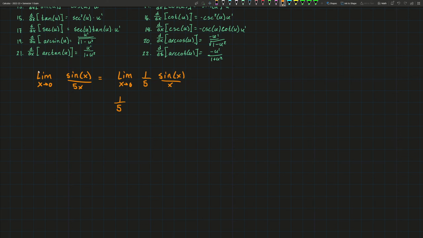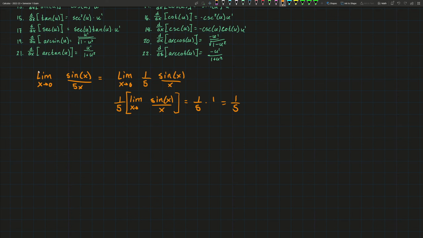So this is going to be 1/5 times the limit as x approaches 0 of sine of x over x. This is a limit that we should know. This part right here is just equal to 1. So it's 1/5 times 1, which is just 1/5.